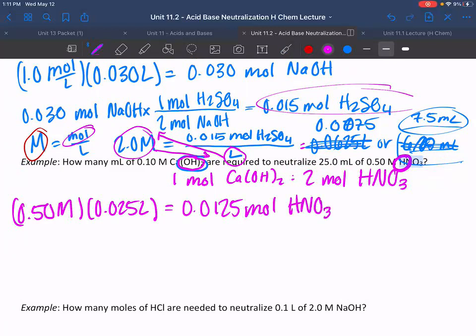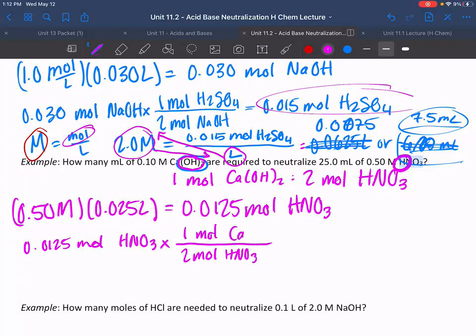We're going to have to do another conversion here because it's not 1-to-1. So I'm going to take the 0.0125 moles and use the molar conversion of for every 2 moles HNO3, 1 mole calcium hydroxide, which means we have 0.00625 moles.